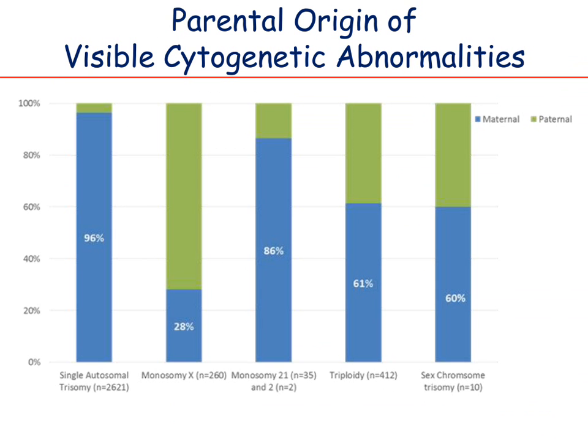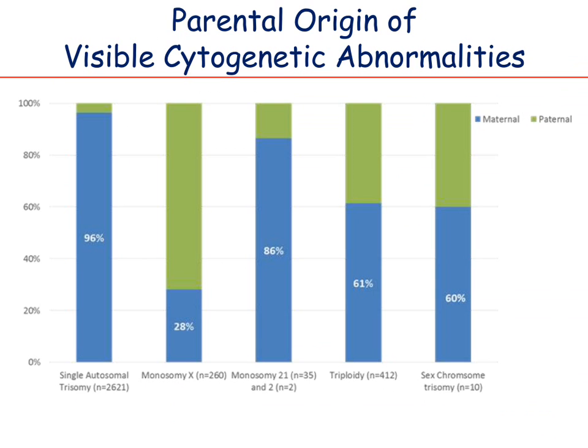This is, in fact, probably the only other monosomy that makes it beyond the embryonic stage, and so we do see monosomy 21, and interestingly, about 86% of those are maternal in origin.